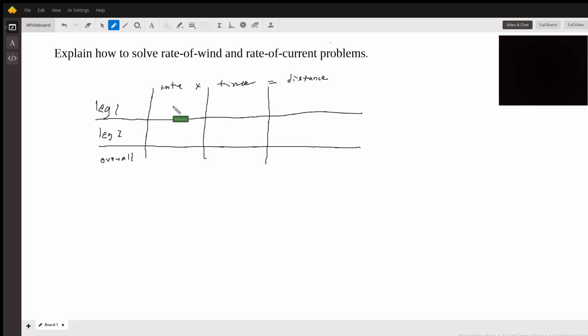So in here would be rate 1 and rate 2, time 1 and time 2, and D1 and D2. And here would be the total time, T1 plus T2. Total distance traveled would be D1 plus D2. Okay, so that's the standard arrangement.